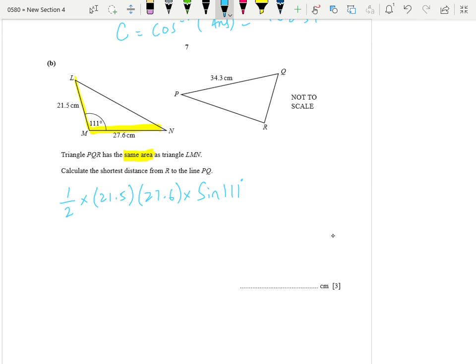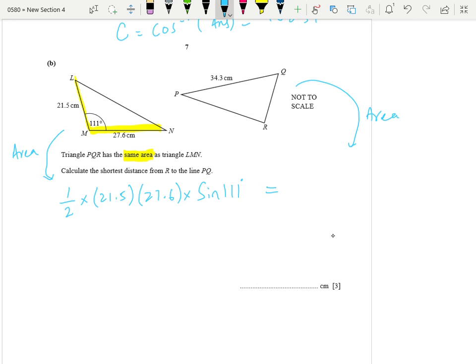This would give me the area of this particular triangle. Since the areas of the two triangles are the same, let me equate this to the area of this particular triangle. But how would I find the area of PQR?